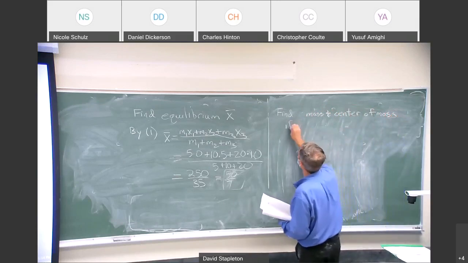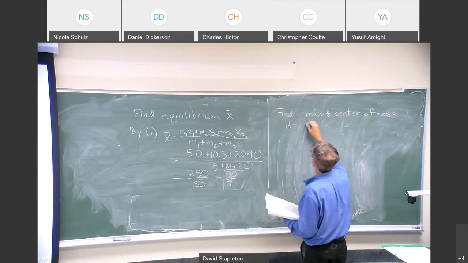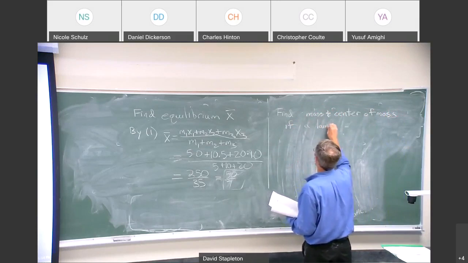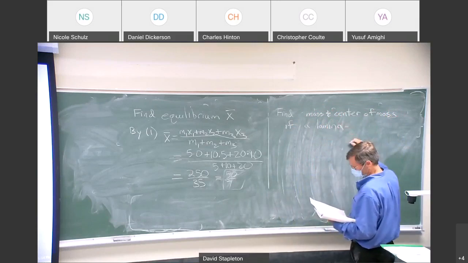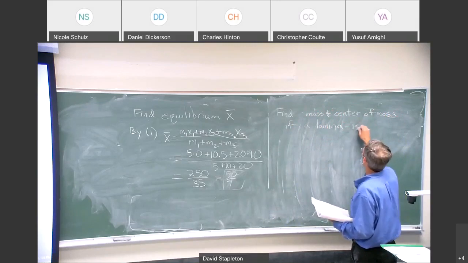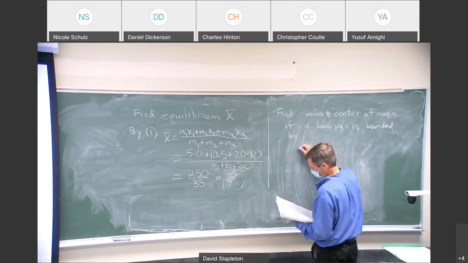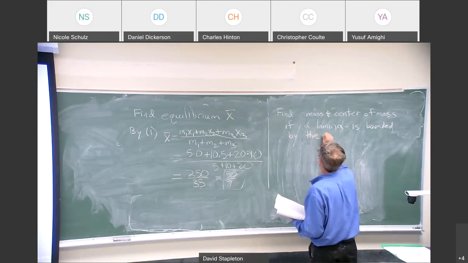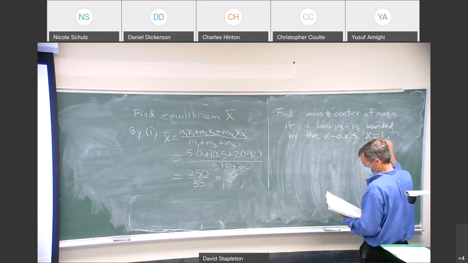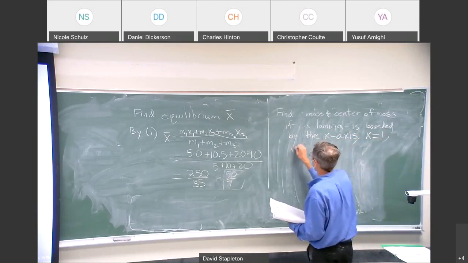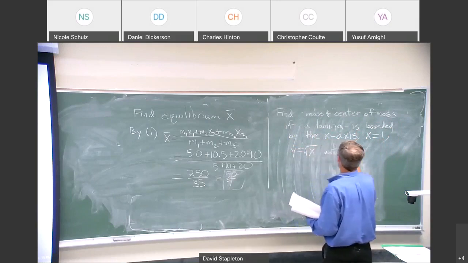If now you have a continuous object instead of discrete objects, if a lamina, that means a flat plane region, an object that's so thin and flat you can treat it as a plane region, is bounded by the x-axis, the line x equals 1 and the curve y equals square root of x with density delta equals 2.